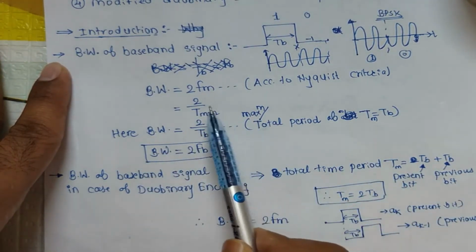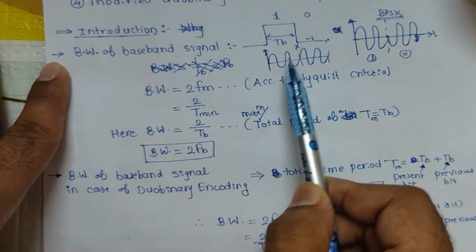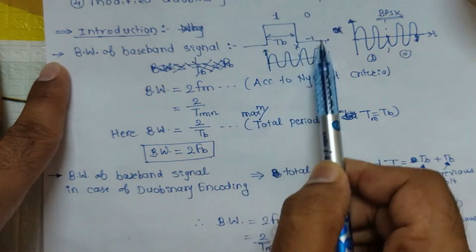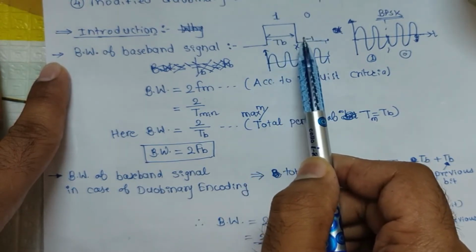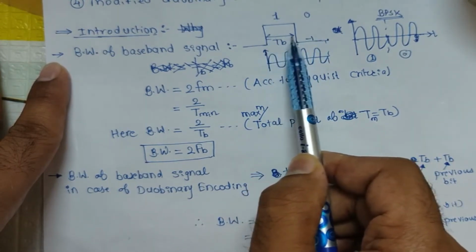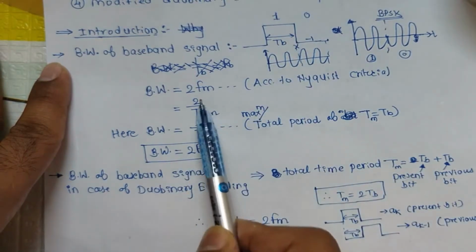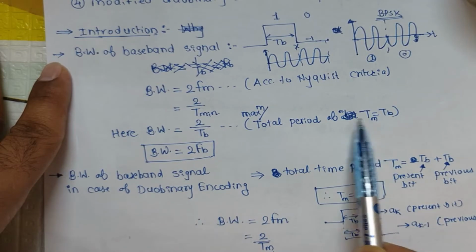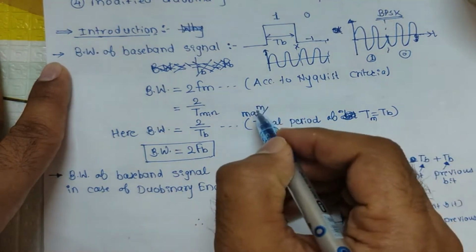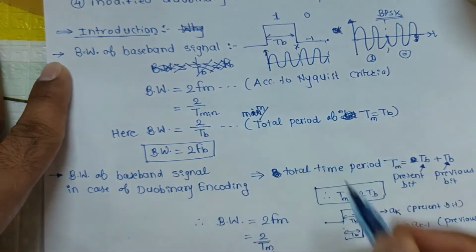Now if we try to find the bandwidth of, let's say, a baseband signal of 1s and 0s having a time period Tb, the minimum time period here is Tb, so it is 2 upon Tb. This is not the maximum, this is the minimum time period.